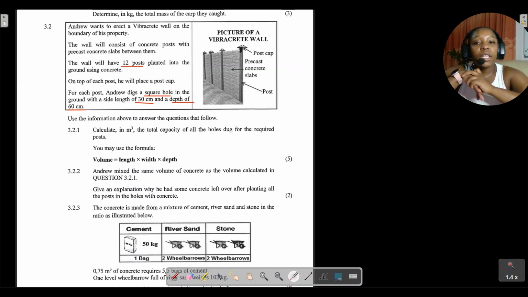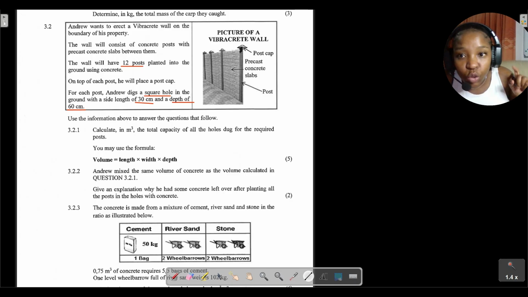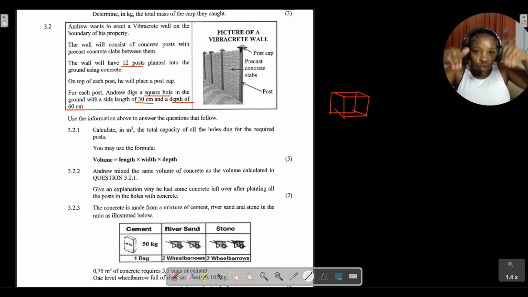Okay, that's basically what you're trying to calculate. First thing that we want to do, if we are told that the hole is a square hole, so it's a square hole, that's the hole that he's now going to dig. Okay, try to visualize this in 3D. That's the square hole that he wants to dig into the ground.